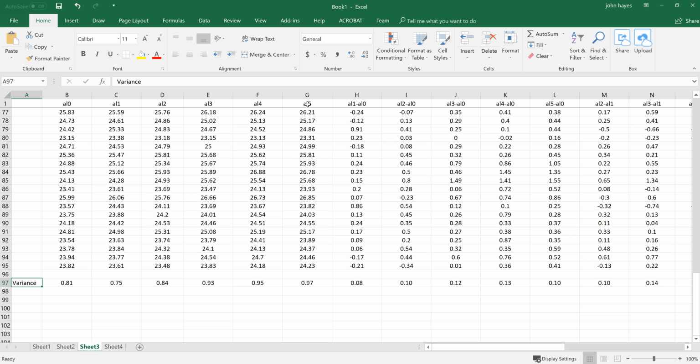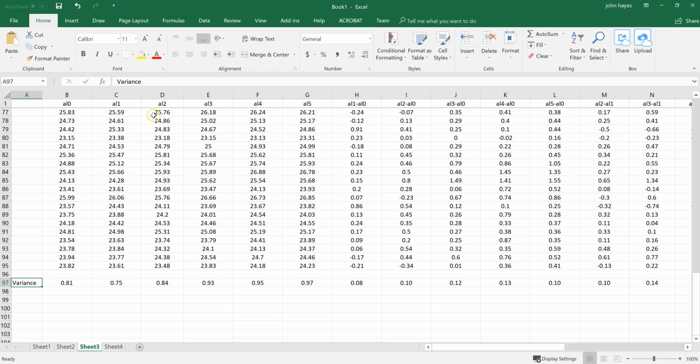In sphericity, when we talk about compound symmetry, we'll talk about that in a week or two, in a future video. Compound symmetry says we have equal covariance between groups. So the correlation between AL0 and 1 is the same as AL0 and 2, same as AL0 and 3. Sphericity is a subset of that.